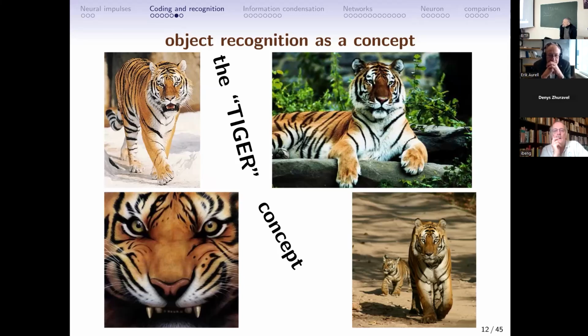Because we will answer "a tiger" if we have been shown any of these four pictures. So what might be a physical mechanism which is able to transform the absolutely different neuronal dynamics at the periphery of the sensory system into the identical dynamics in other places of the neural system?